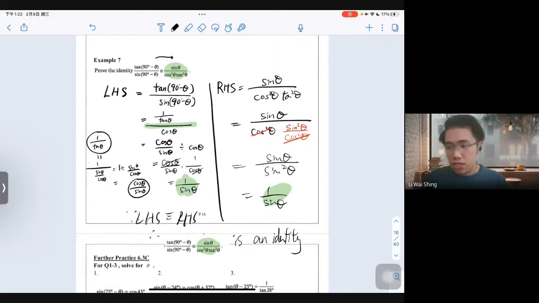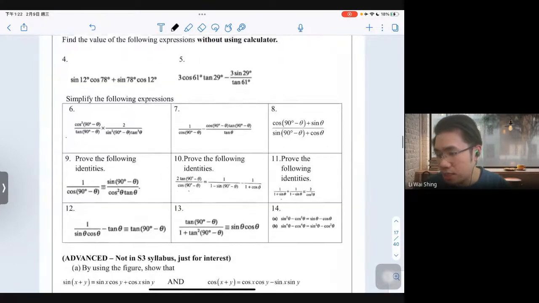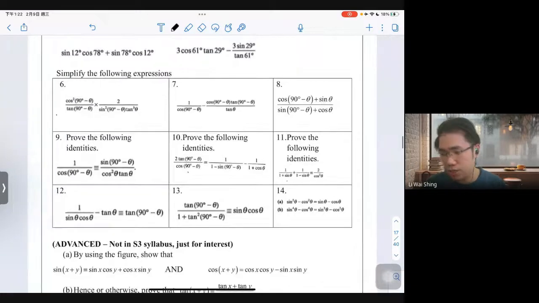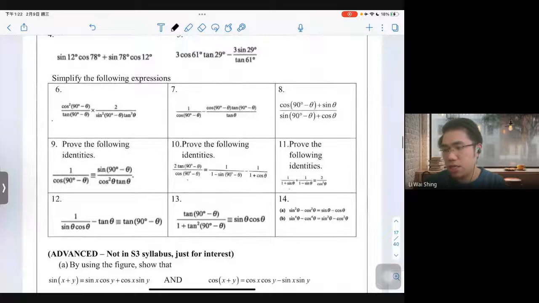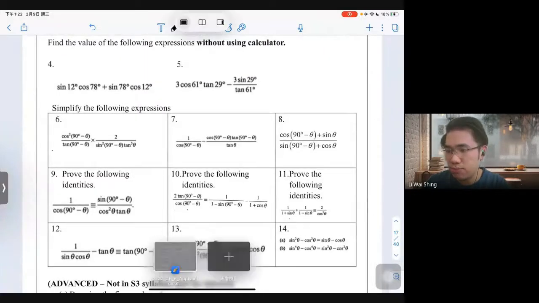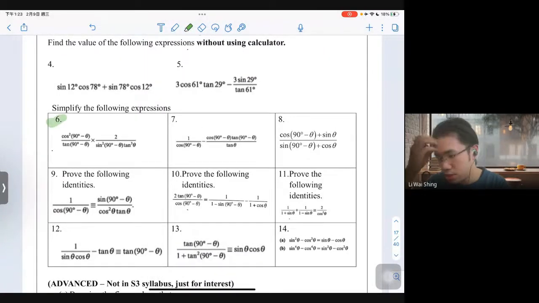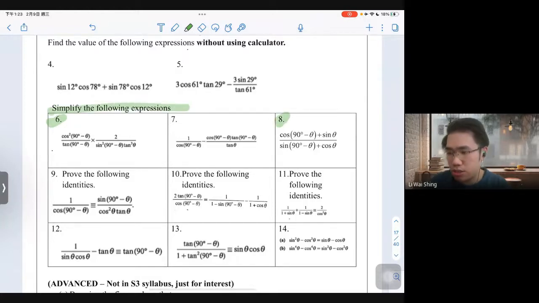Okay, does anyone have questions about the identity part? Okay, I let you copy it first. There are tons of exercises here. The first part, from 6 to 8, you are asked to simplify. And from 9 to 14, you are asked to prove the identities.